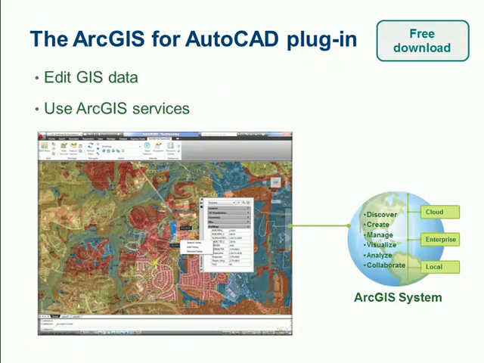It also allows you to connect to and use ArcGIS for Server services. These ArcGIS services open a path for you to work with intelligent ArcGIS maps, access imagery, extract GIS features as CAD entities, add GIS features as an external reference, and edit enterprise ArcGIS geodatabases, all within AutoCAD.